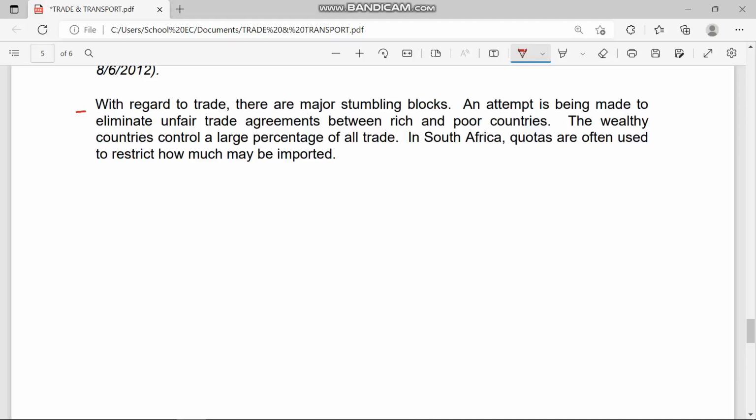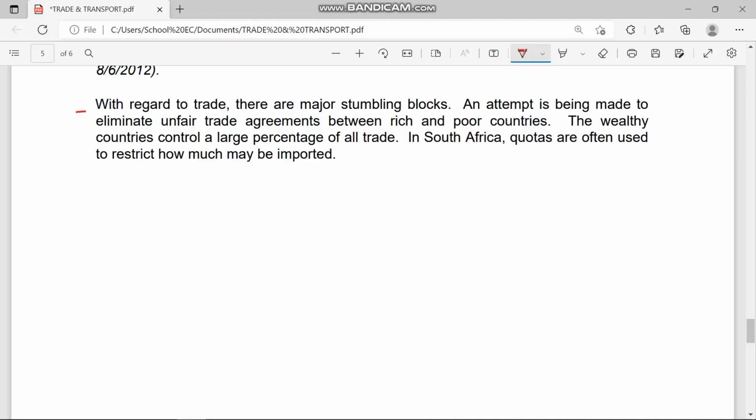So in order for us to be fair, let's all be equal in terms of trading. Let's be fair to each other. That's what a trade agreement is all about. So wealthy countries control a large percentage of all trade. Yes, that's how it goes, because they have everything. They know how to industrialize their own raw materials and so on.